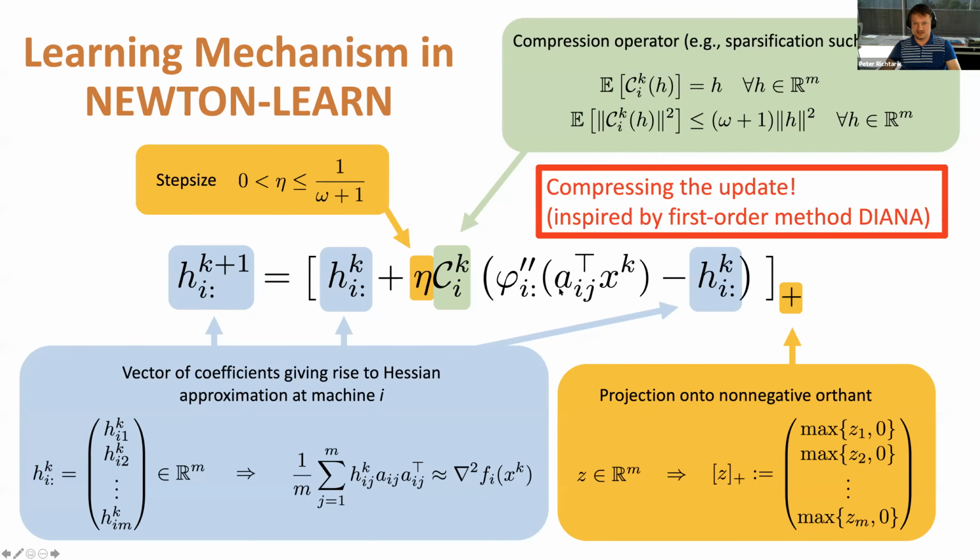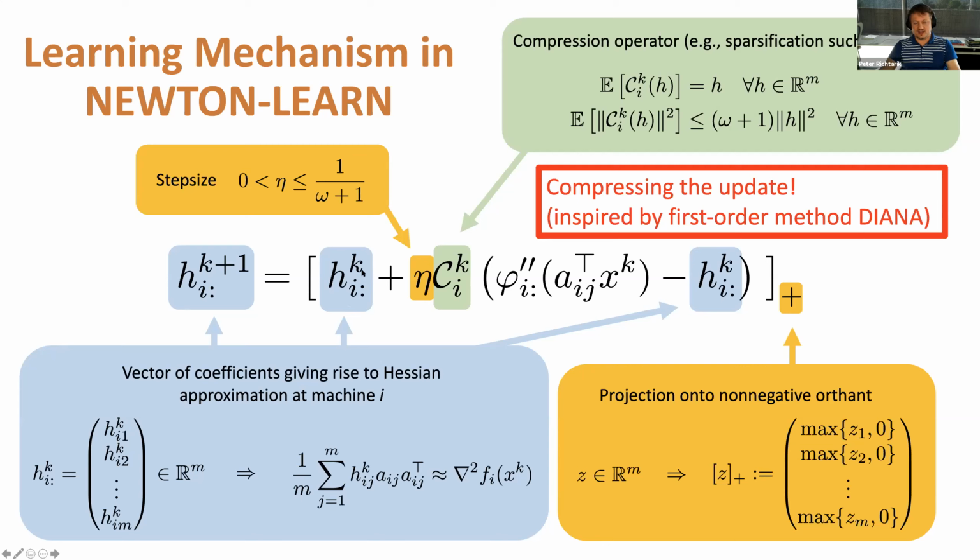So the point is that whatever this m-dimensional vector produced by this difference is, this compression operator will create out of it a vector which looks like a random unit basis vector multiplied by a scalar. So it's essentially a vector full of zeros except for one entry, which means that if you multiply it by some step size, it still has that property. So you only change one entry of this vector, h_i^k. Only one entry.